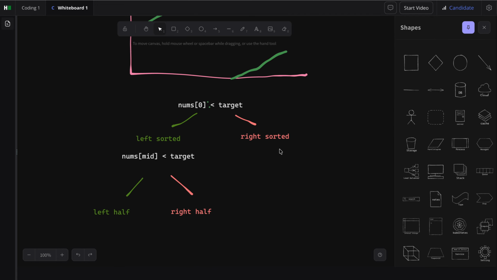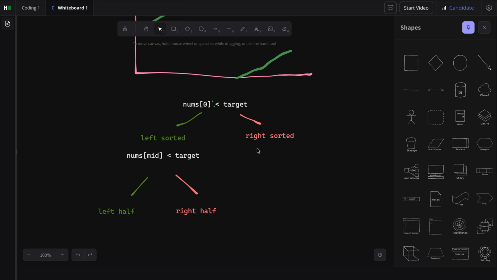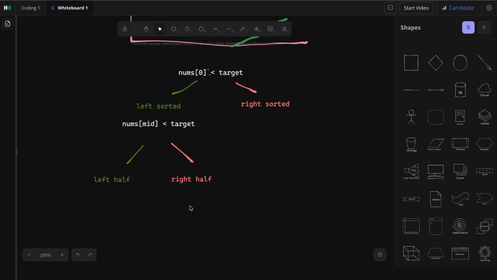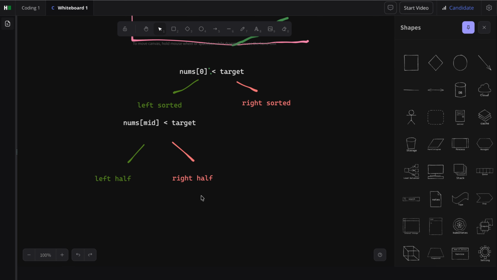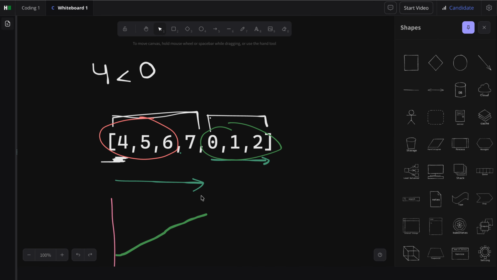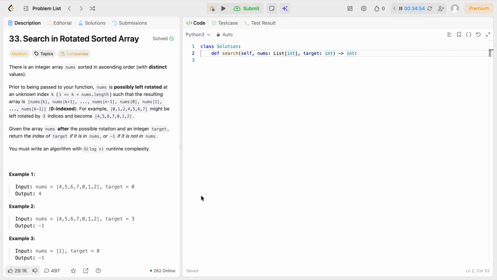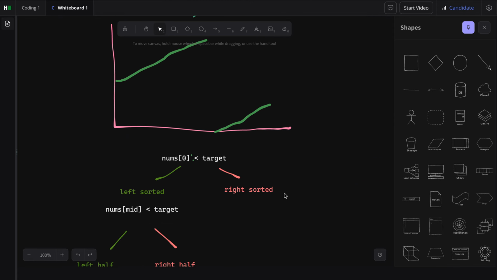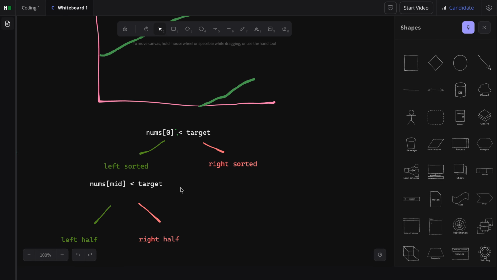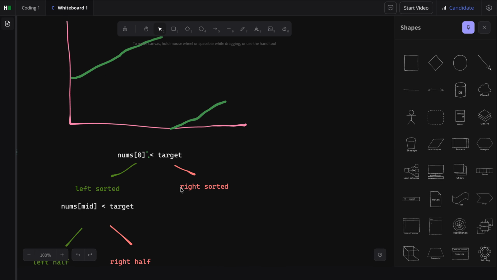Maybe that's what the left sorted and right sorted part is for. Can you go in both the left half and the right half? I don't know, man. I'm so lost. I'm going to watch the NeetCode video again. I think I spent 44 minutes of solid time. But these cases are really just not making sense to me.